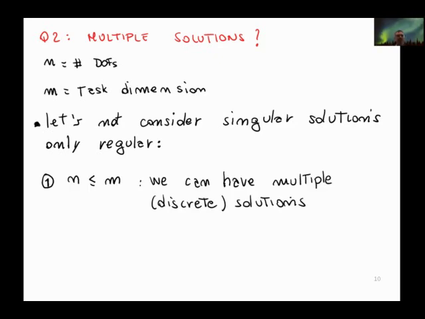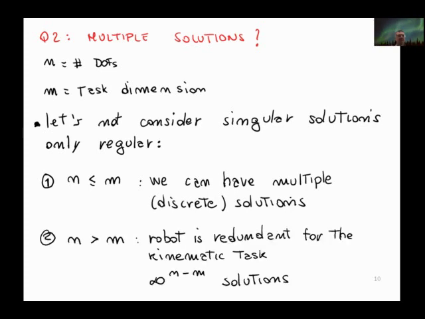Whenever n is lower or equal than m, we have multiple discrete solutions, while whenever we have n bigger than m, we say that the robot is redundant for the kinematic task. So we define the task, for example, position of the end effector or position of a point of the robot, and if the number of degrees of freedom is bigger than m, then we have a redundant robot for that task. And in this case, the regular solutions are infinite to the power of n minus m.